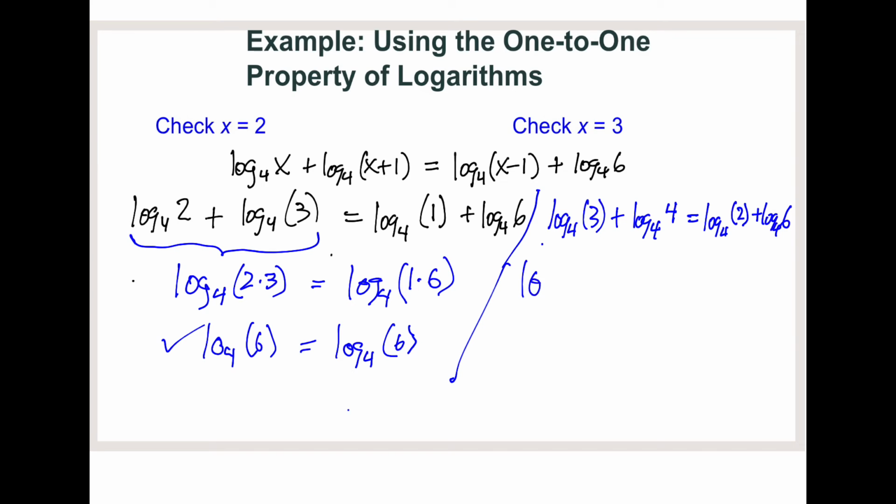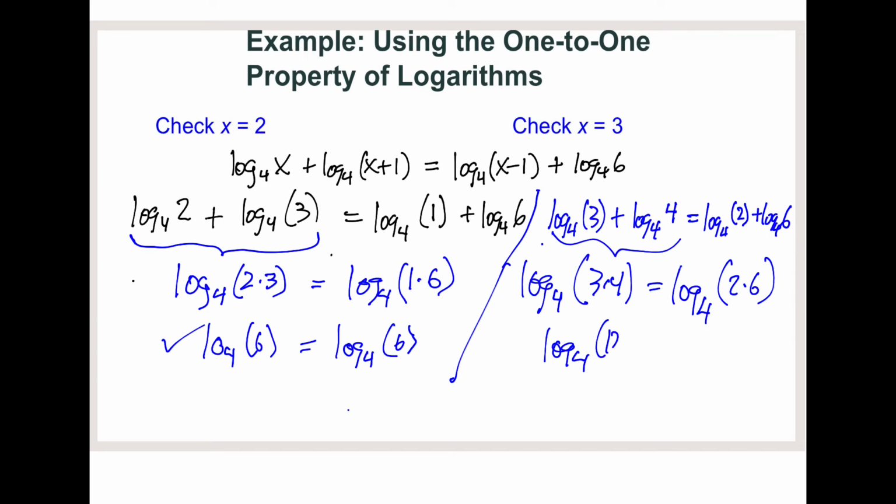Same over here, this would be the log base 4 of, we're adding these, so again, multiply 3 times 4, equaling the log base 4 of 2 times 6. So that's the log base 4 of 12, and the log base 4 of 12 as well. So again, these should come out equal to each other, and so we would say these are both solutions to the equation.